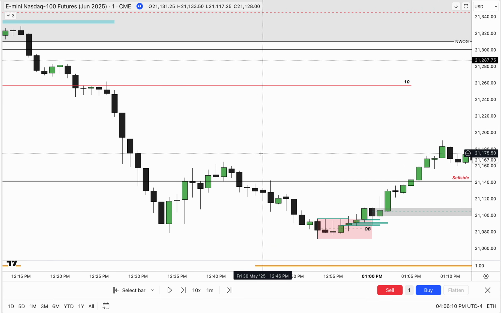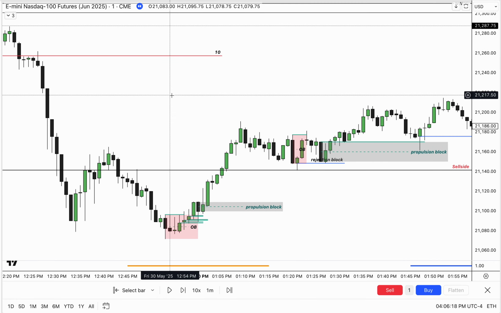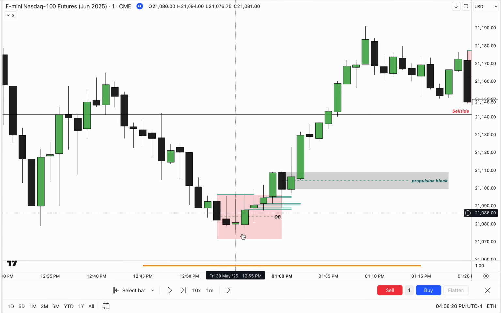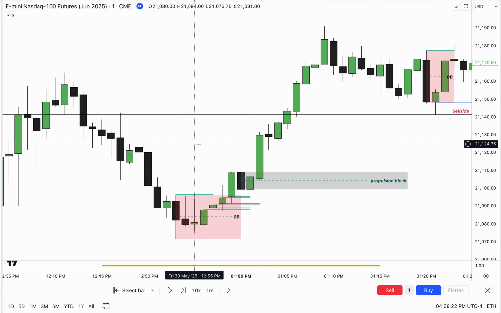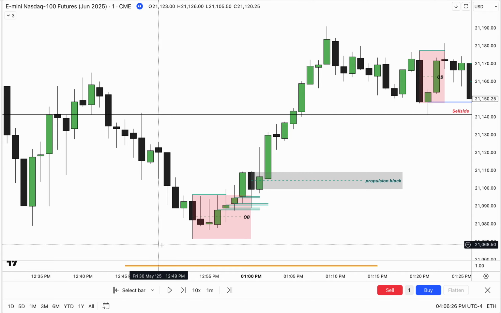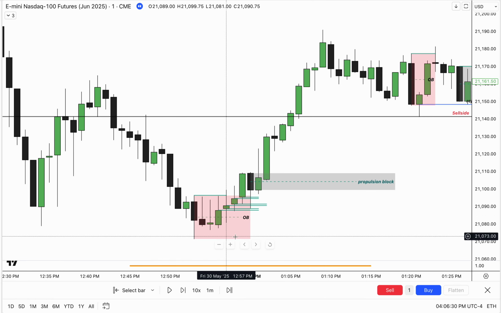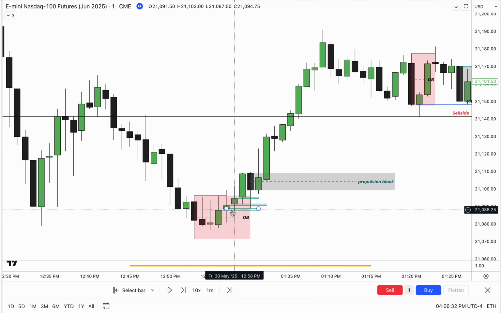So, a rejection block is the largest wick. Okay, so the open or the close of the largest wick on a high or a low, on a swing high or a swing low.